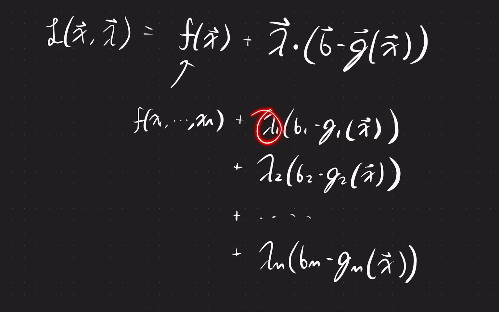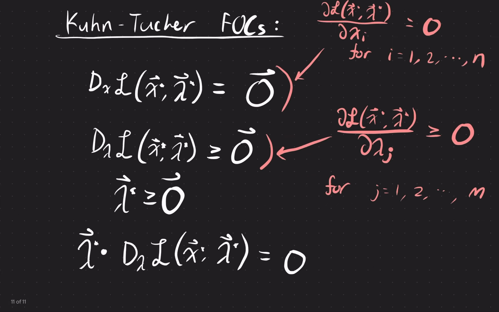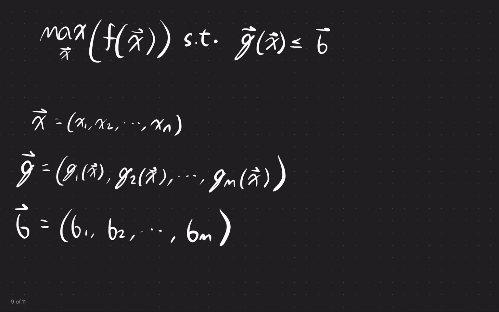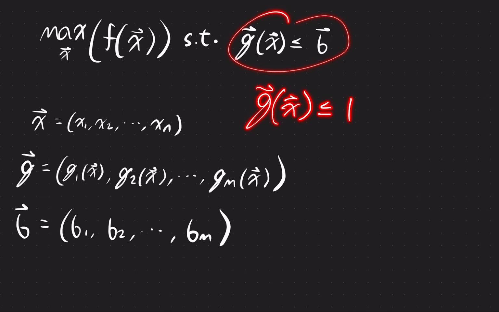Because here, lambda 1 only enters right here, so this Lagrangian's derivative is just going to be b1 minus g1 evaluated at x. And that has to be greater than or equal to 0, so b1 has to be greater than or equal to g1 of x, which is just the constraint holding. Now this is where it deviates. This is if your inequality goes this way, so g of x is less than or equal to b.